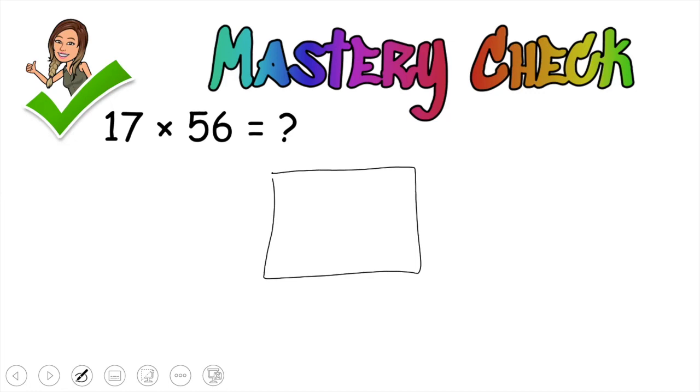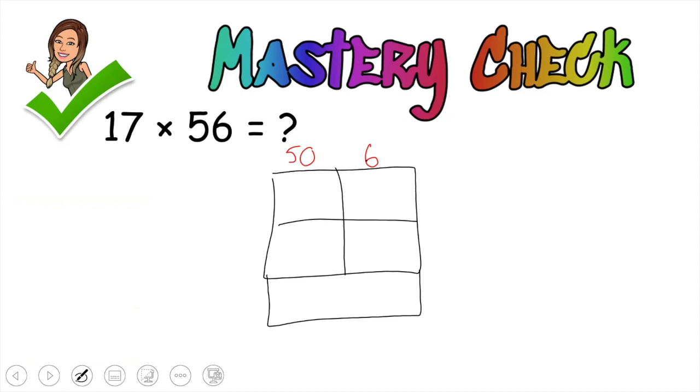And actually, in this video, I'm going to teach you something additional, okay? So I'm going to add a third row here. And in the top one, I'm still going to have 50 plus 6 to be 56.